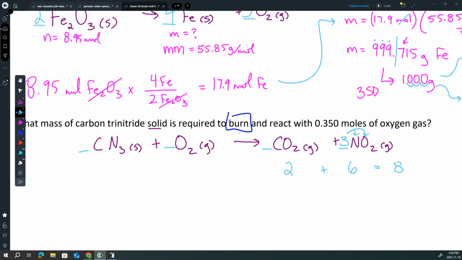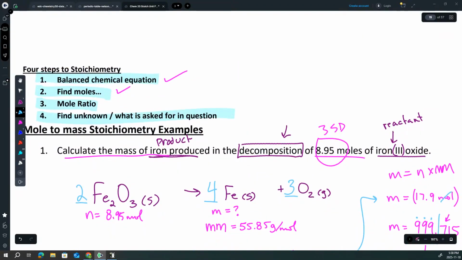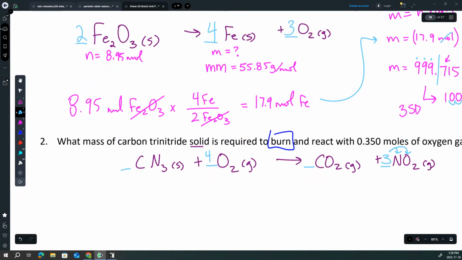Okay, so 8 is a number that is divisible by 2, which is good because we can go, okay, well, 4 times 2, that's equal to 8. So now we have 8 oxygens going in, 8 coming out. That's balanced. All right. So step 1, balanced chemical equation, done.